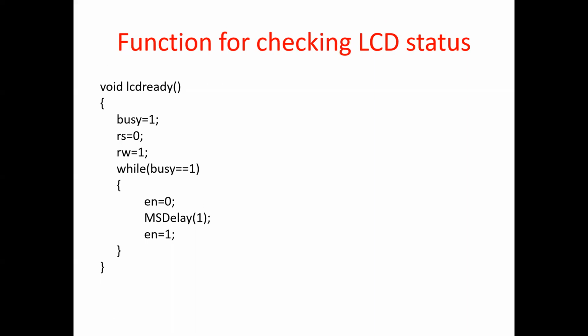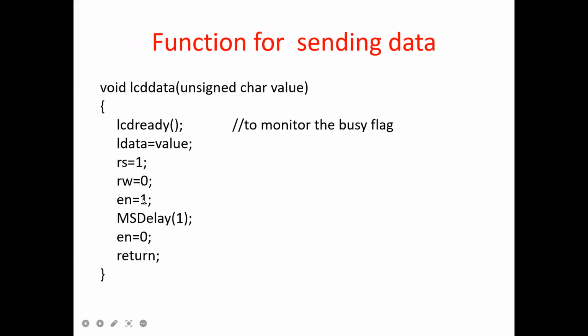So we write while busy equal to 1. Whenever the LCD is processing, this will be in high state. Whenever the process is over, busy becomes 0. So while busy equal to 1, enable equal to 0 means it will not accept the data. Earlier we saw EN equal to 1: enable means whatever data you are placing on the data pins will be latched into the internal registers.